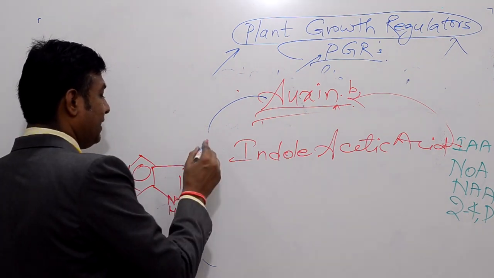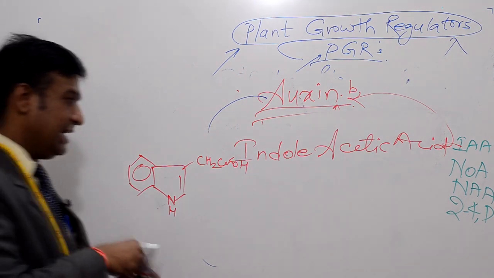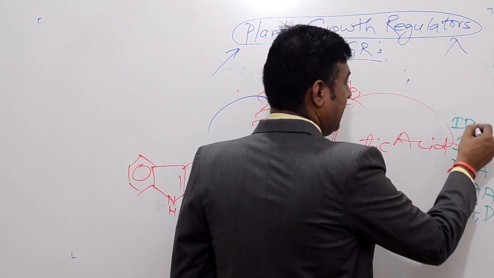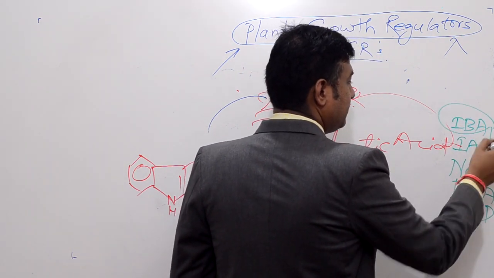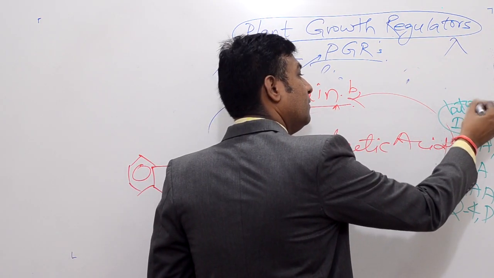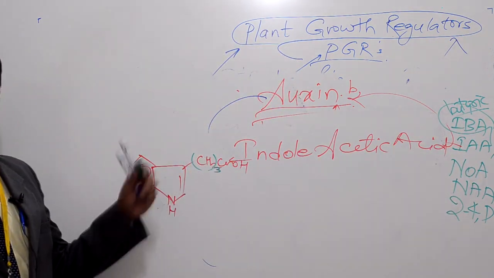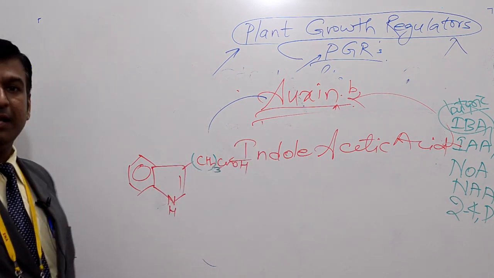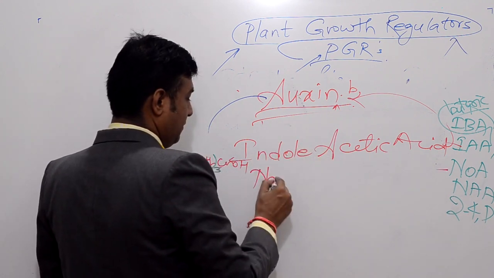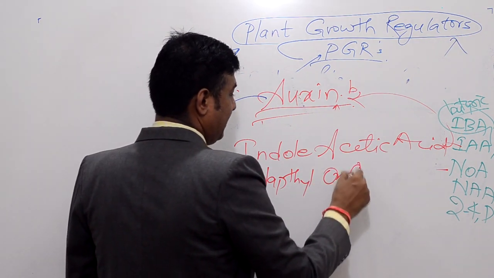Indole nucleus plus acetic acid, that is indole acetic acid. If you have IAA, then you also have IBA related to this, indole butyric acid. Then naphthyl oxyacetic acid. This one is alpha naphthyl acetic acid.